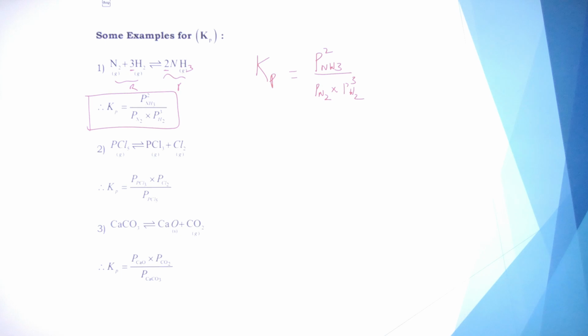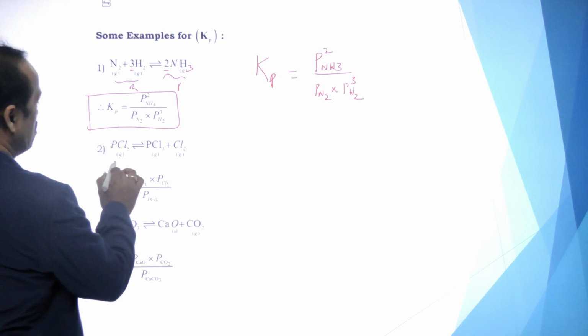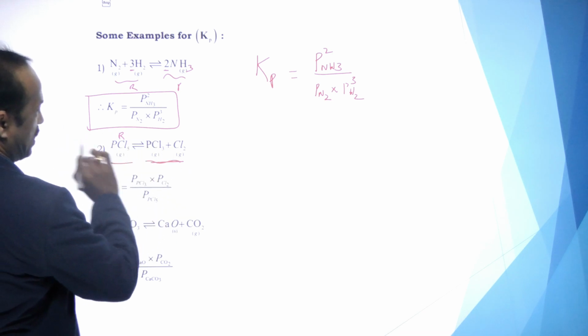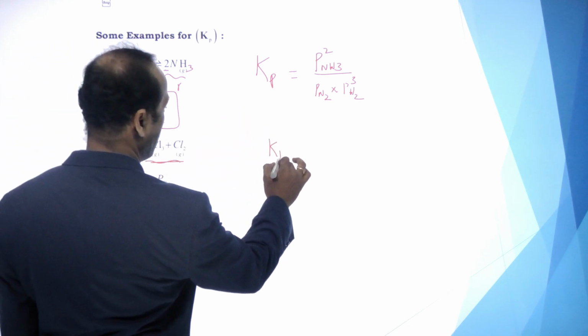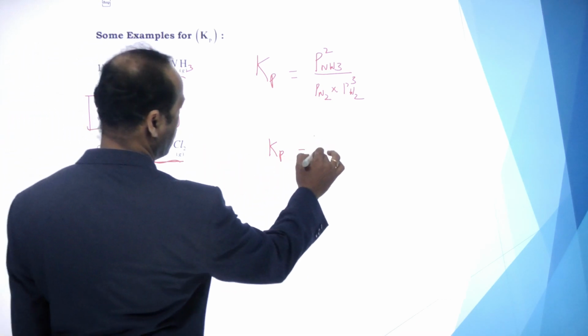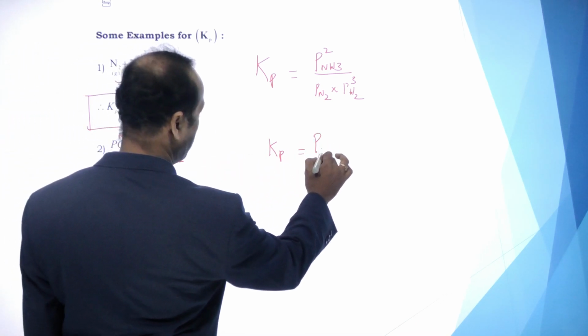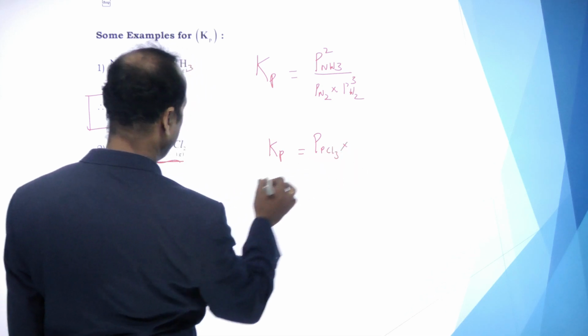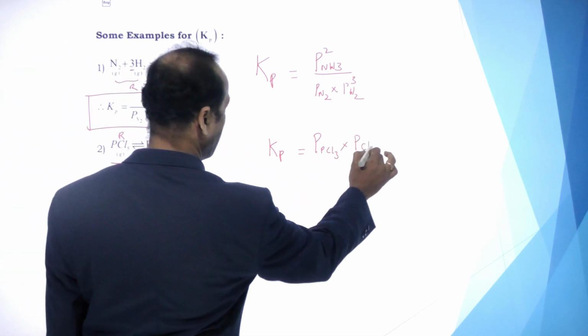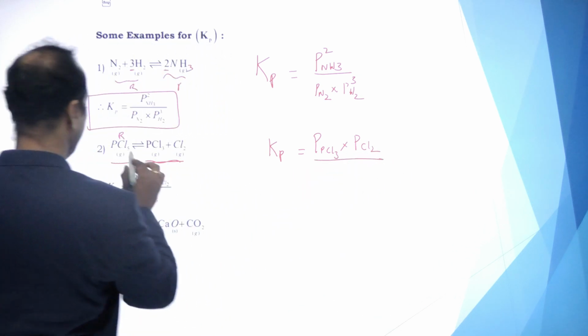Clear? Now you can write for this one also, PCl5. These are the reactants and these are the products. First you have to write the product. So Kp is equal to partial pressure of PCl3. Any number there? Nothing. Into partial pressure of Cl2, divided by the reactant.